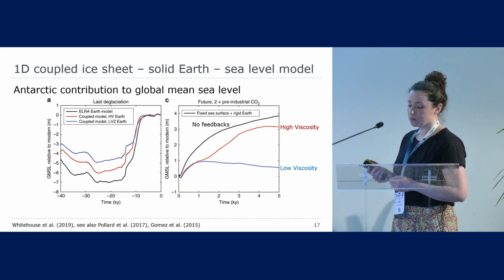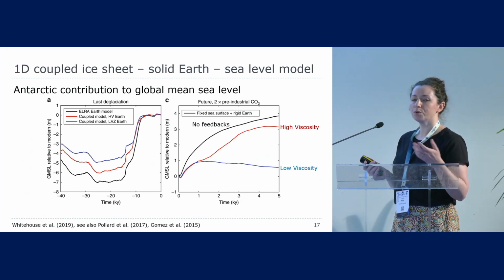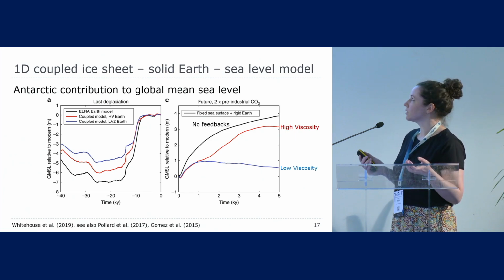It's also particularly important for future projections. With no feedbacks, this keeps on increasing up to around 4 meters of global mean sea level equivalent, but with a coupled model and a low viscosity mantle, peaks at about 1 before stabilizing.